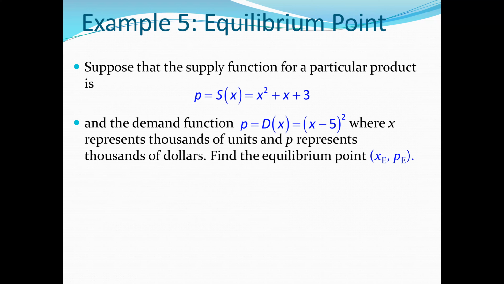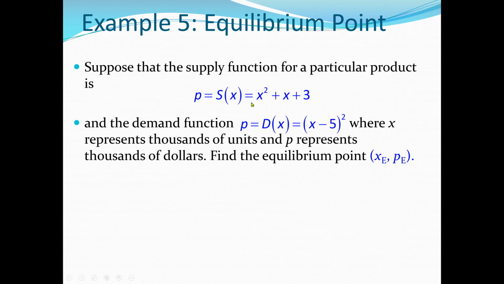So that's our question here. We have the supply function, which is S at X, and also we have the demand function, which is D at X. And here we say where S represents 1,000 units and P represents thousands of dollars. Now find the equilibrium point. As we said earlier, equilibrium point is when the supply is the same as the demand.